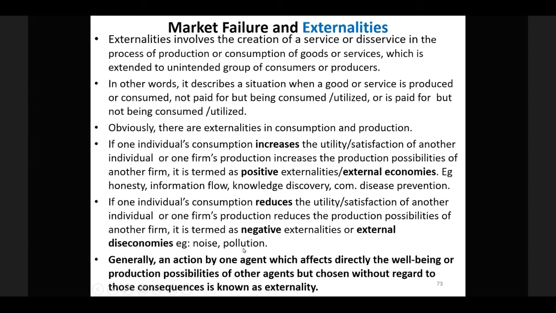Pollution: firms that produce and pollute the atmosphere are likely to cause negative externalities to bystanders or other firms in the market. So generally, if an action by one agent affects directly or indirectly the well-being or production possibilities of other agents, but is chosen without regard to the consequences to other agents, we refer to this as externality. So this is another perspective of externality.